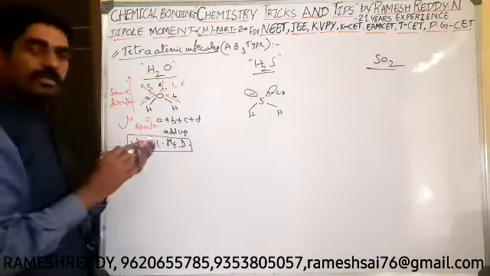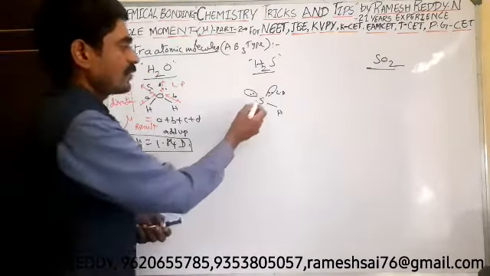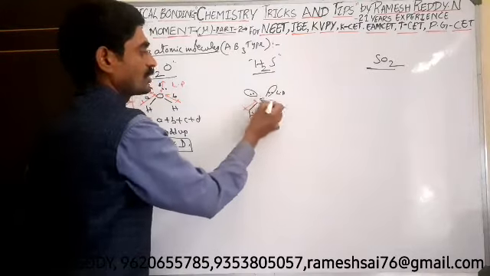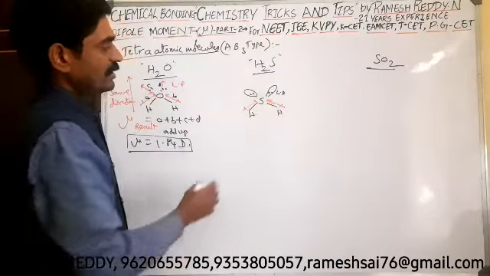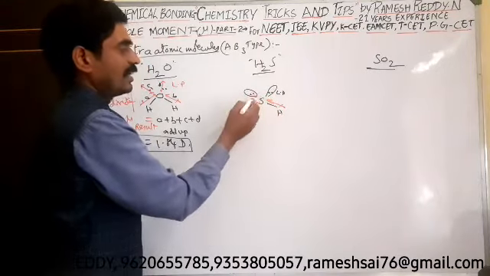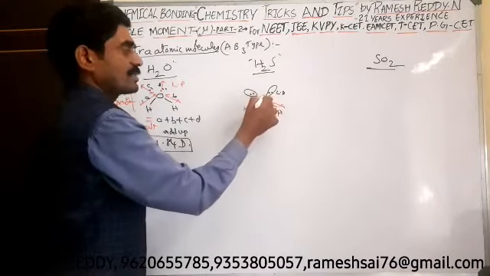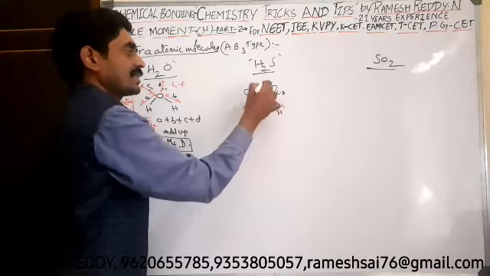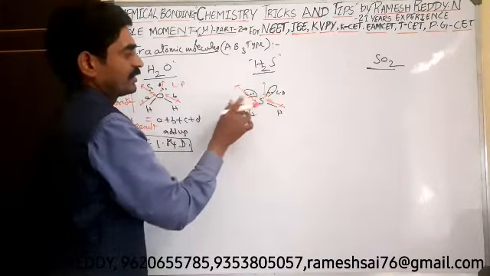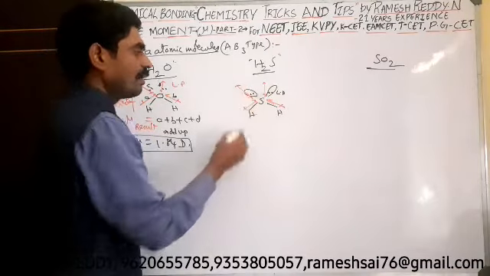As you know, sulfur is more electronegative, so the bond dipoles move toward the sulfur. And the lone pair's charge is greater than the sulfur's, so the dipole moves toward the lone pair of electrons. Then all are added together.